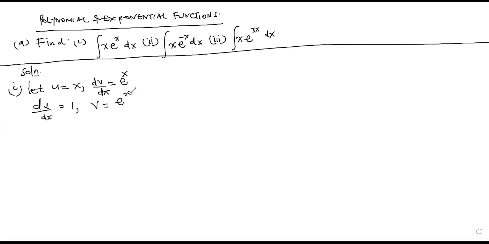So it keeps e^x, implying that our integral of xe^x dx is equal to uv, which is xe^x, minus the integral of v du/dx. V is this, and du/dx is 1.